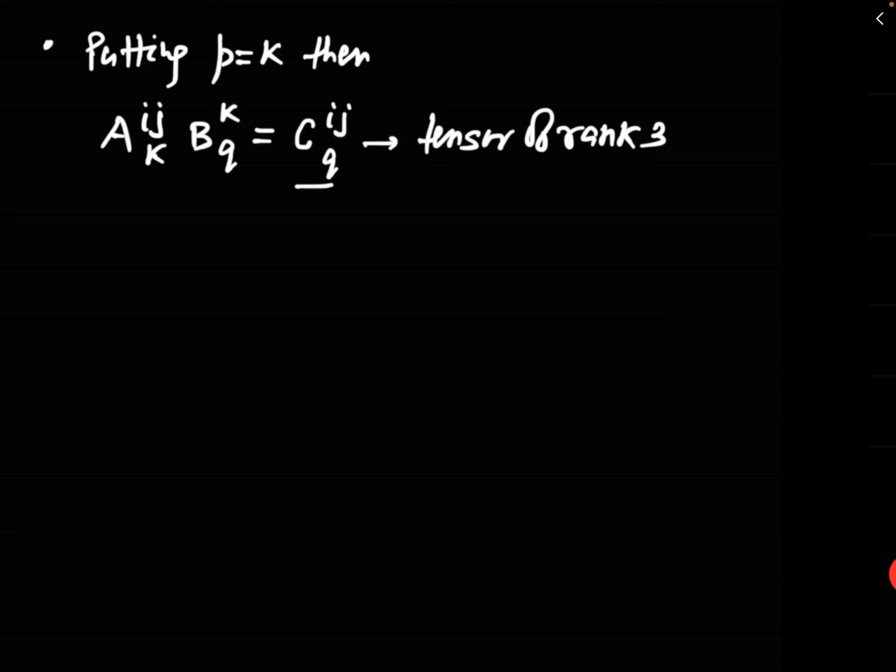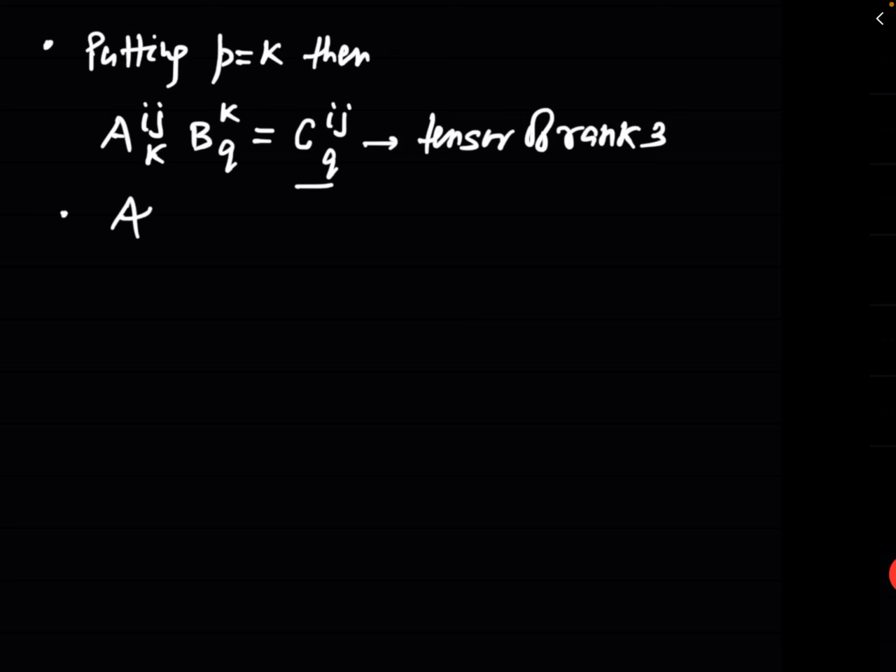So rank has been lowered by 2. Now again we can follow the process of contraction. If you wish to again apply the process of contraction, then we have to set equal one of the contravariant index and a covariant index.